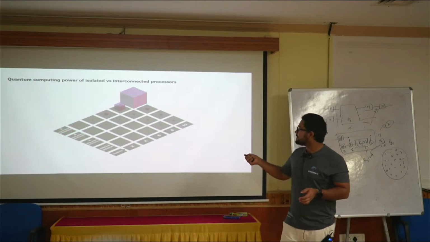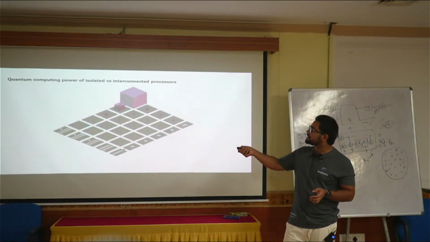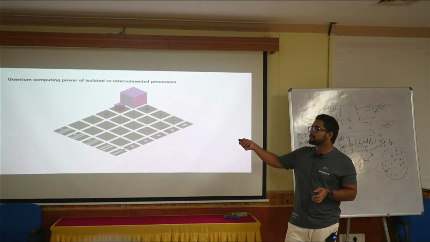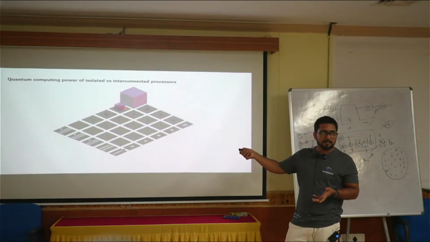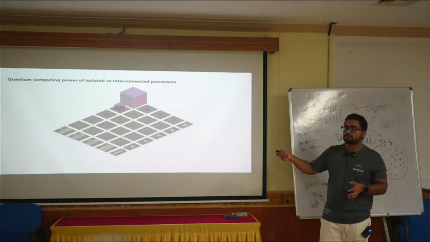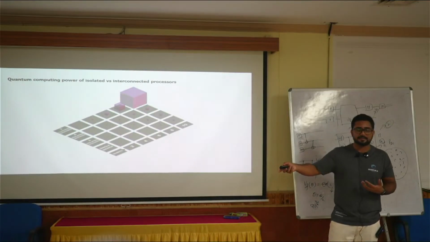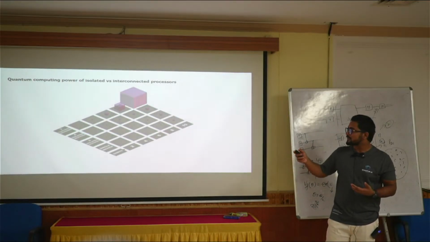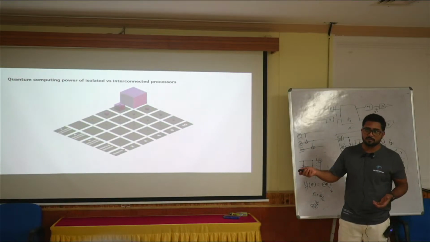You can see that as the number of qubits increases and you use a distributed system, the computation power increases enormously. That's the power of distributed quantum computing, and you can get very high power if you connect multiple processors using entanglement or teleportation. That's one pictorial representation of how the power of a distributed system increases.